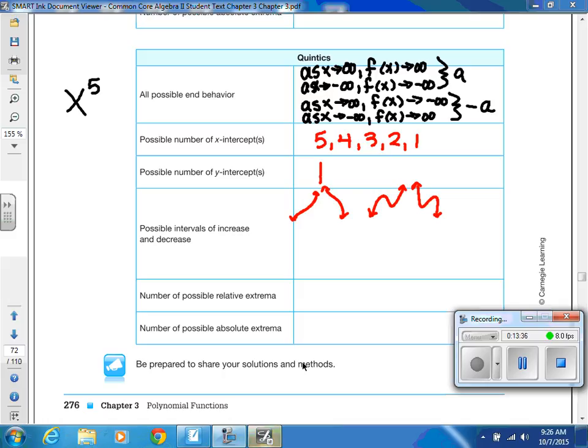Or it could really go insane. Increase, decrease, increase, decrease, increase. This is the Loch Ness Monster. Or the other way, decrease, increase, decrease, increase, decrease. Now there's 2 Loch Ness Monsters.